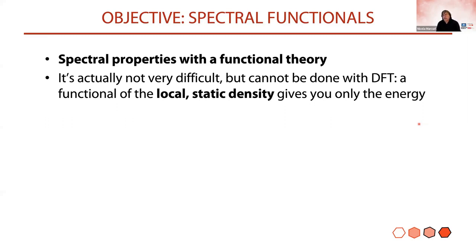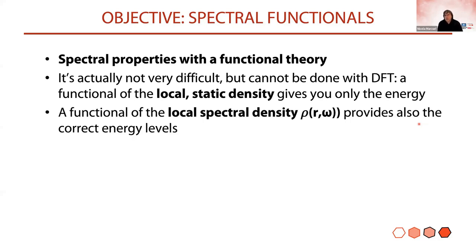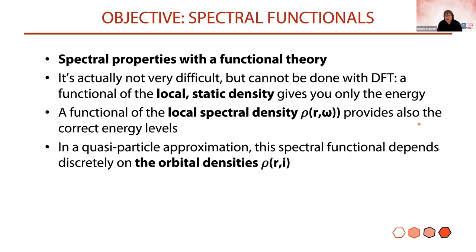But to become a theory of spectral properties, it couldn't be anymore a theory of a static local functional, as density functional theory is. It needed to be more general, and in particular a functional of a dynamical object, the spectral density. So an object that is local but is still dynamical.